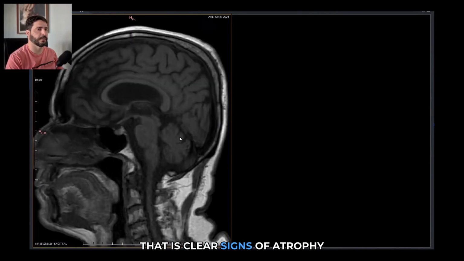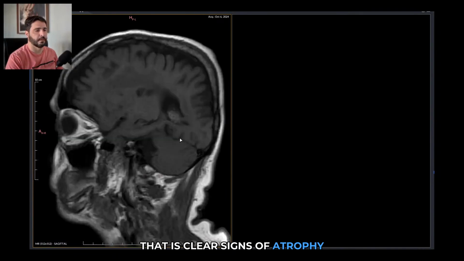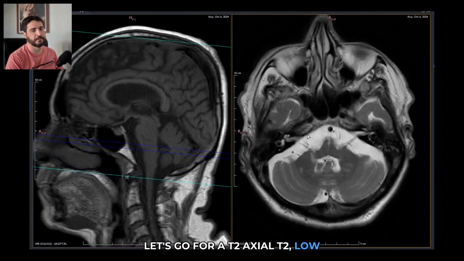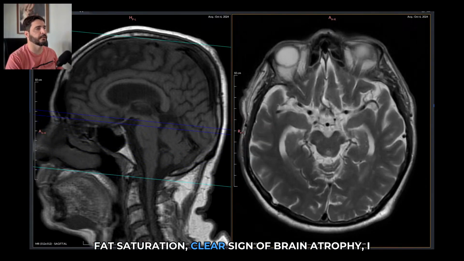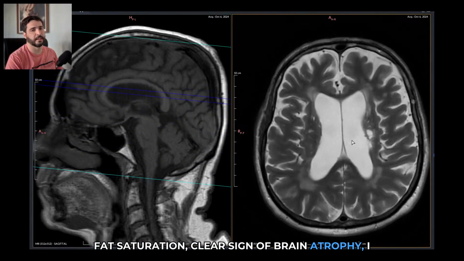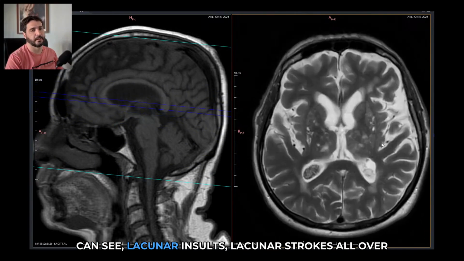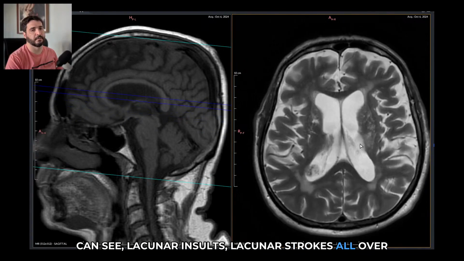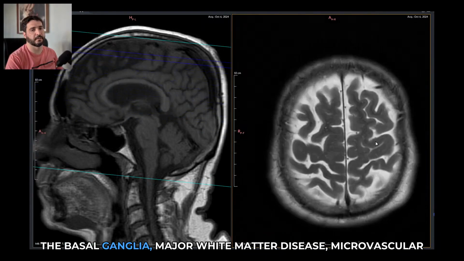There are clear signs of atrophy. Let's go for a T2, axial T2, no fat saturation, clear sign of brain atrophy. I can see lacunar strokes all over the basal ganglia.